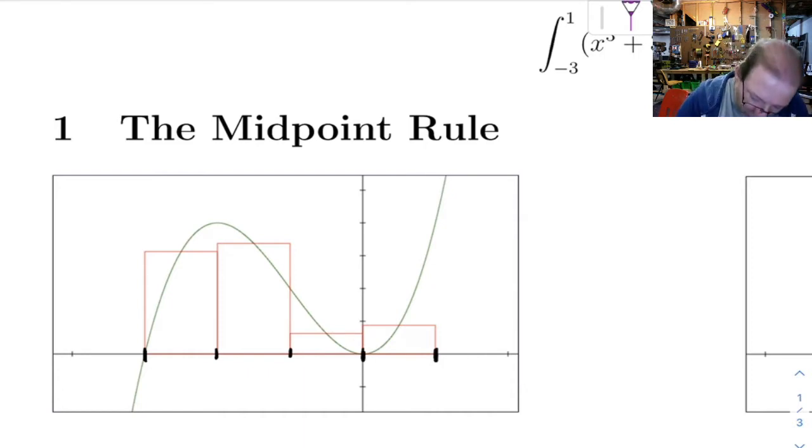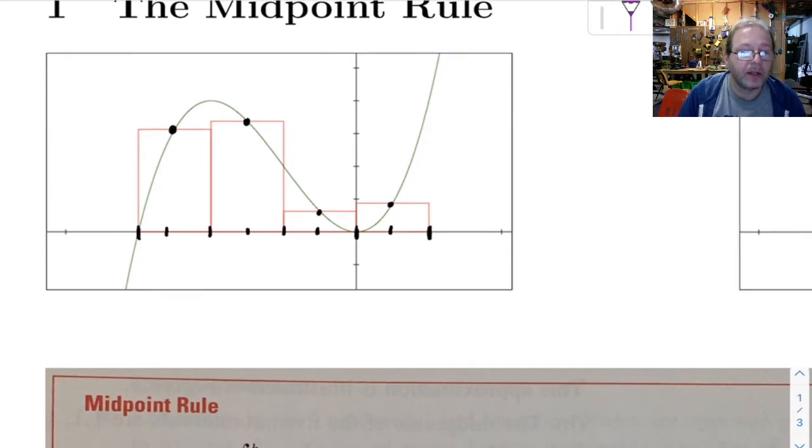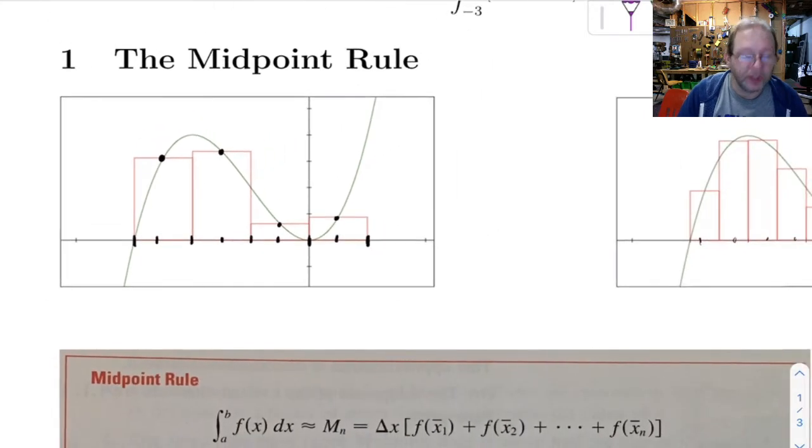The midpoint rule just says you get the height of these by looking at the midpoints. The x values that we put in here, x1 bar, x2 bar, and so on, would be, in this case, those midpoints.